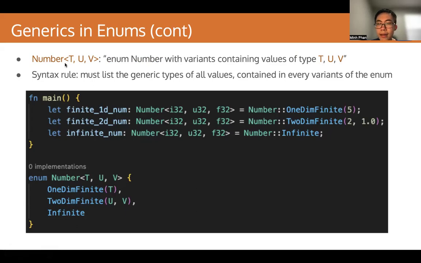And we see a similar syntax to the struct example: Number with all of the generic types declared. This means that enum Number has variants containing values of type T, U, and V. And as you can see here, our variants do contain these types.